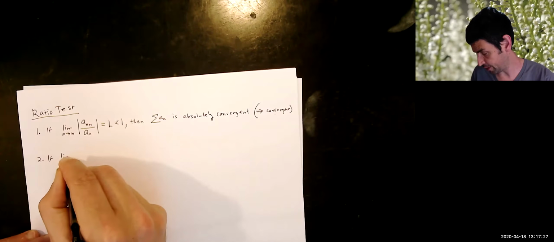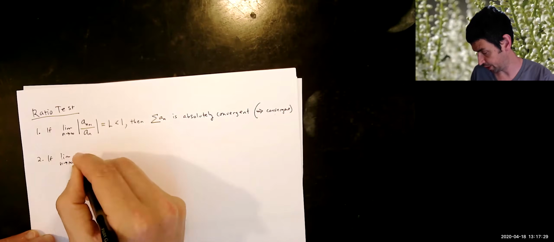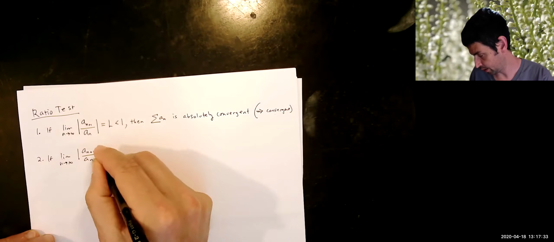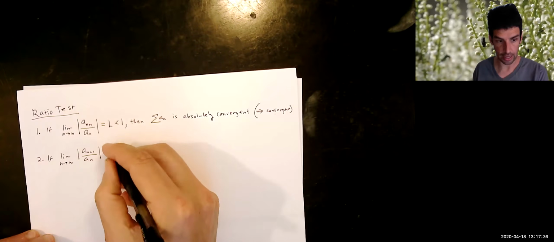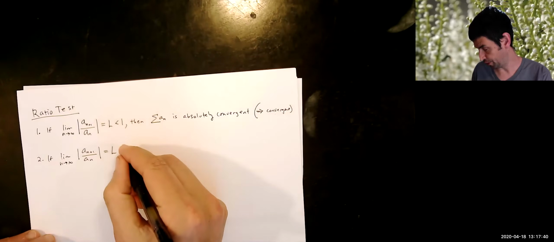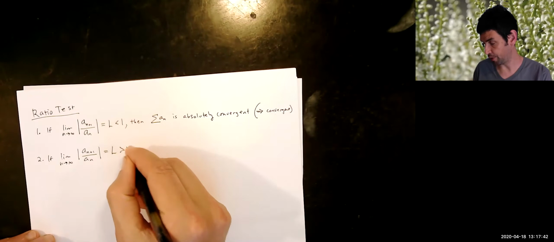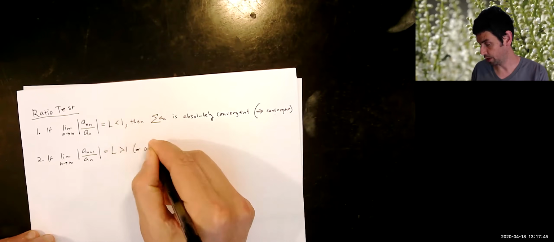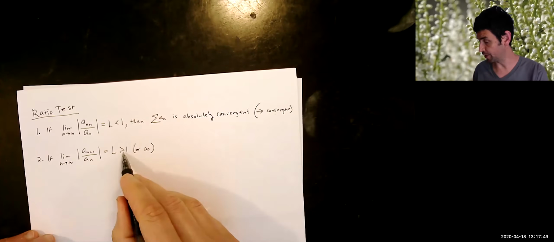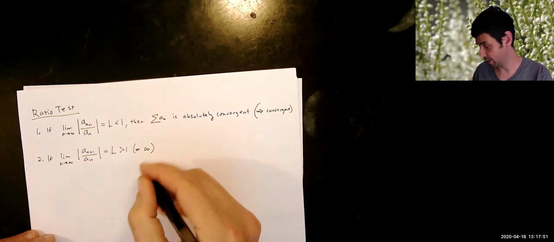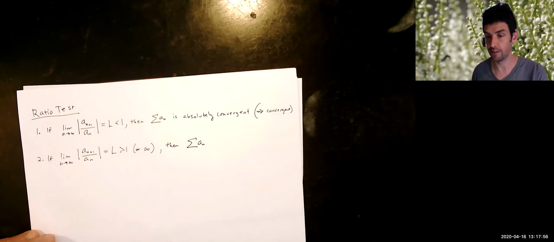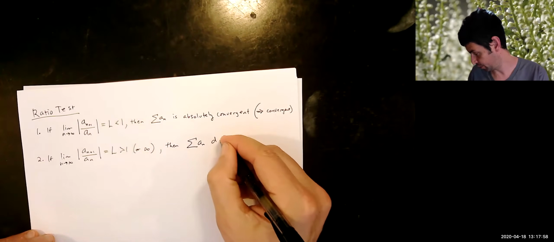If the limit as n goes to infinity equals L, which is a number greater than 1 or infinity, right? So any number greater than 1 or an infinite limit, then the series diverges.